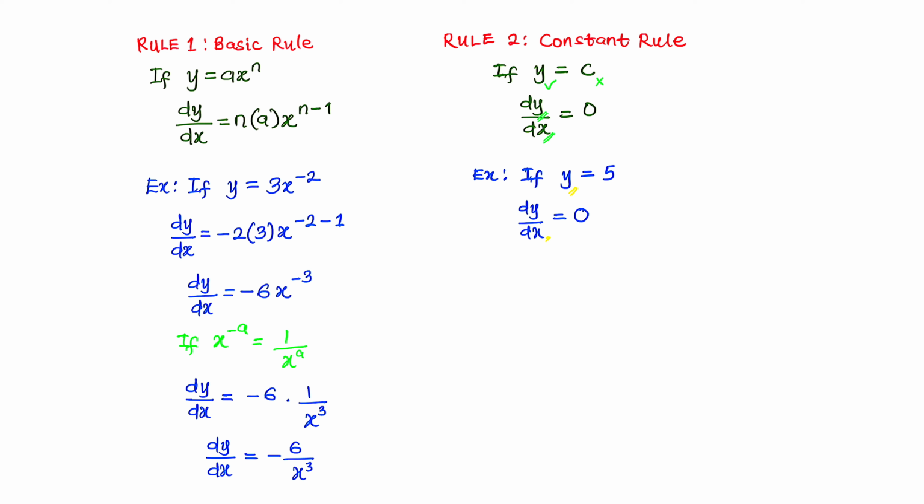The second way to look at the constant rule is, we said earlier that if y equals c, let's assume y is a function of x.